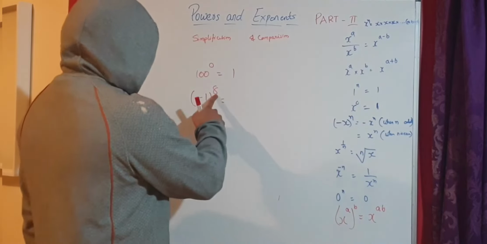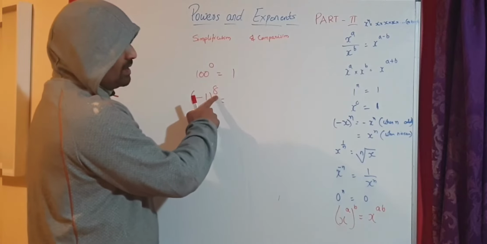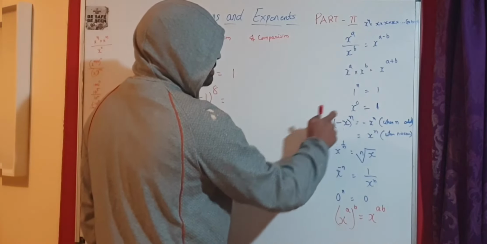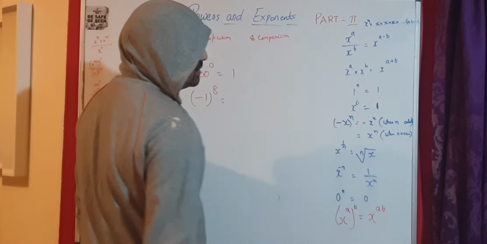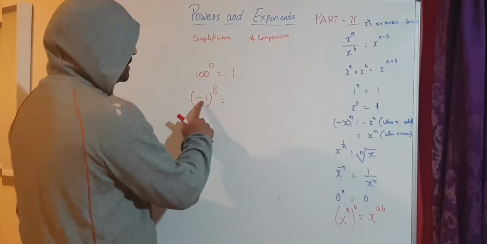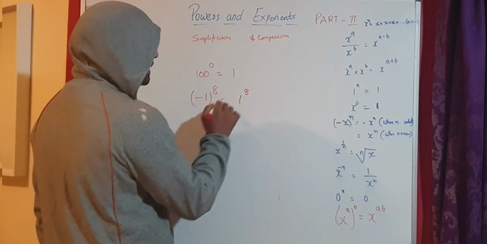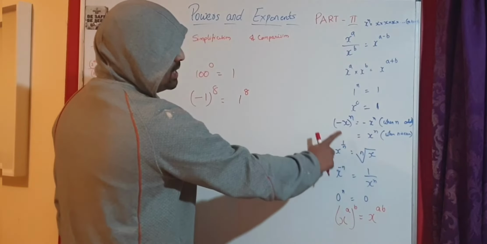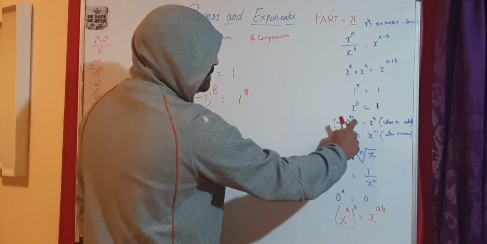Here, n is an even number, so minus x whole to the power of n is equal to x to the power of n when n is an even number. In this case 8 is an even number, so the same thing we can write as 1 to the power of 8. We can eliminate this minus symbol here. The answer is either this one or this one, depending on what n is.